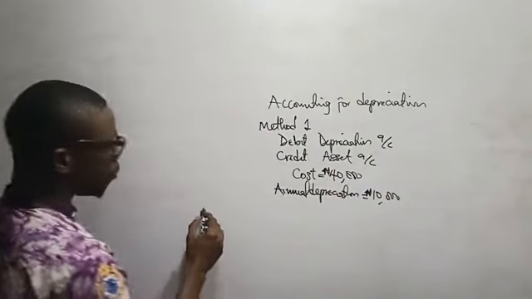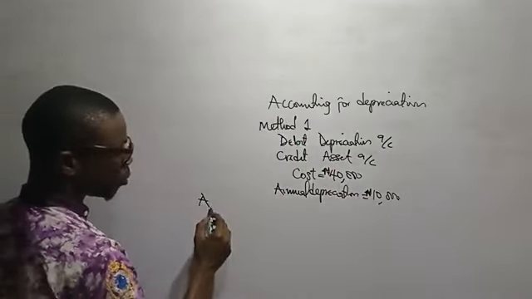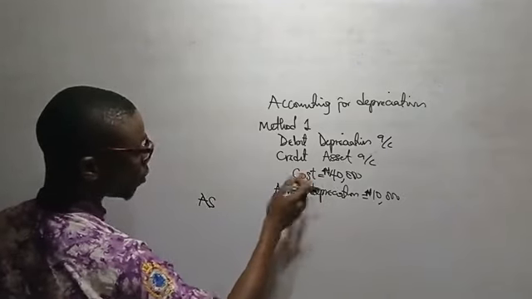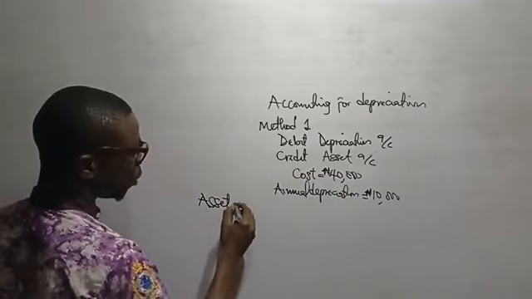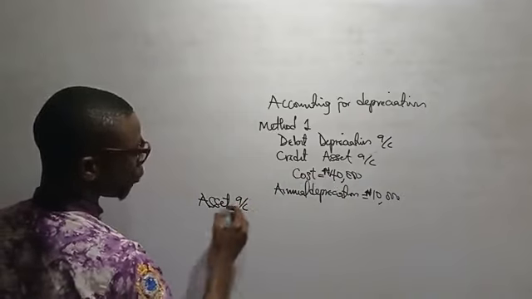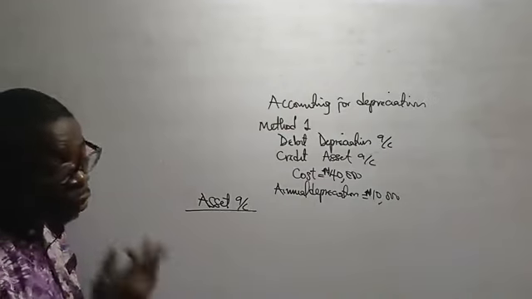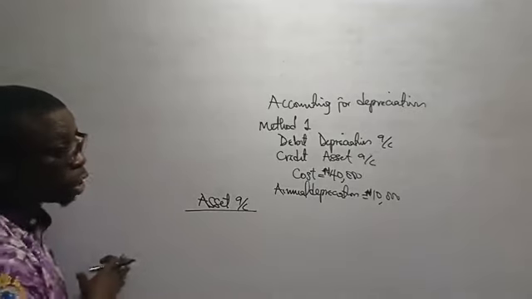Now that means you have an asset account. The cost of the asset is 40,000. That asset can be building, property, equipment, machinery, plants, because you don't depreciate land.